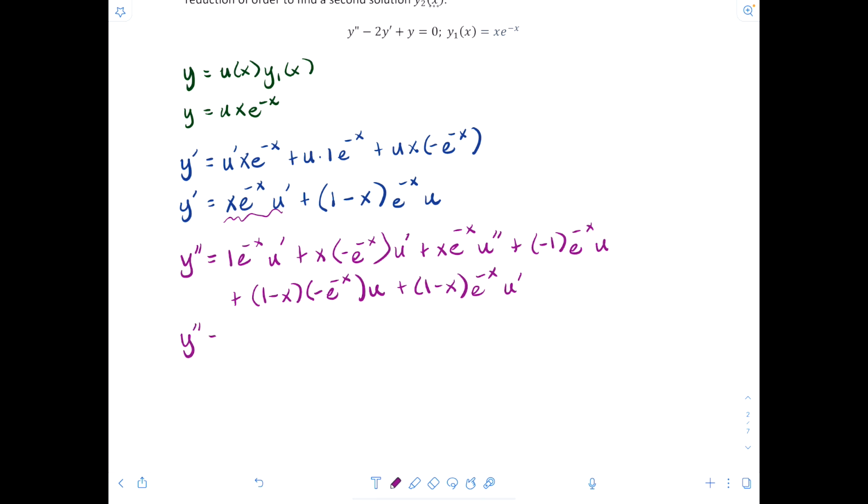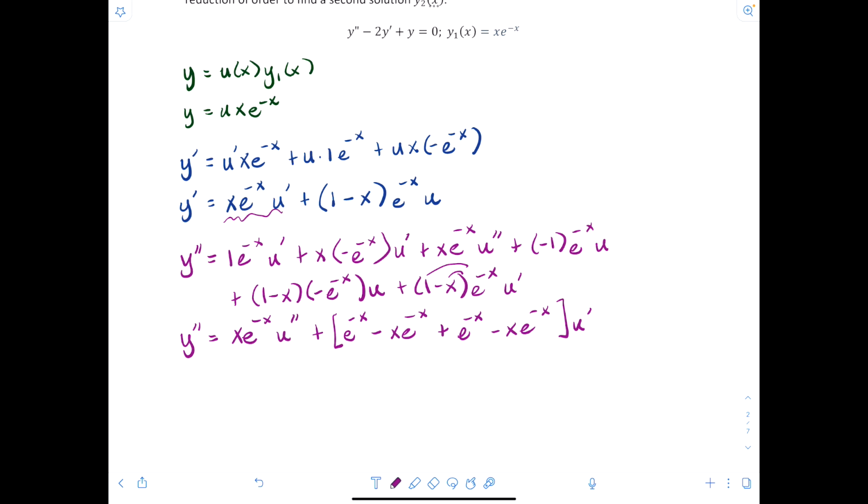All right, so grouping the terms together, let's see what we're going to have. We're going to have x e^(-x) u'' plus, gathering up all of the terms with u', [e^(-x) - x e^(-x) + e^(-x) - x e^(-x)] times u'.